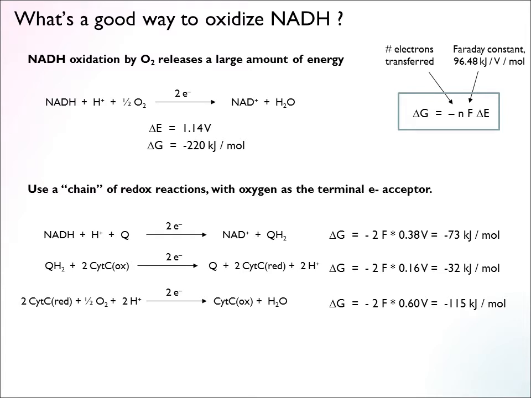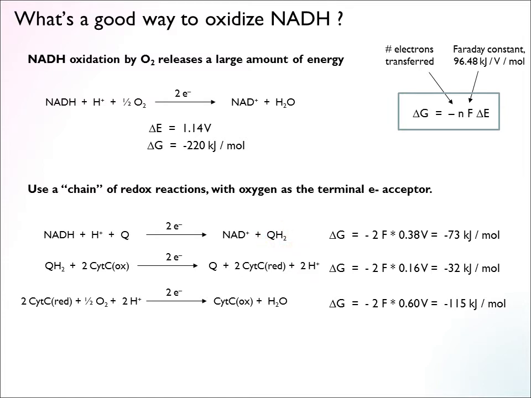And so what nature does is that it uses a sequence, a chain of redox reactions, which ends with oxygen as the terminal electron acceptor. So oxygen is where all the electrons go in the end. And it looks like this. So NADH first reacts with a quinone and reduces this, passes the electrons onto that, so you get a quinone with a couple of hydrogens on it.